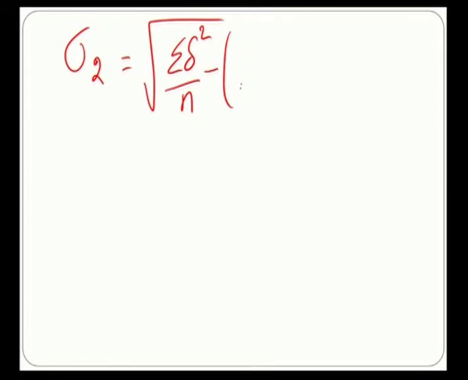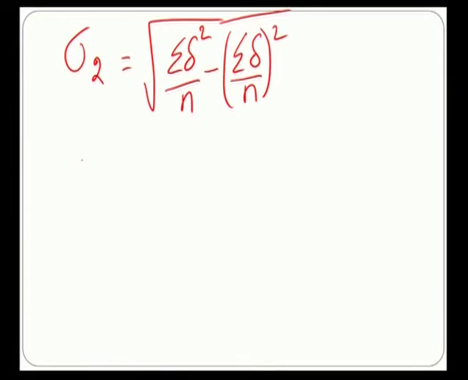Standard deviation for batsman B, sigma 2 is equal to square root of summation of the delta square over n minus summation of delta over n the whole square. This is the formula to calculate standard deviation for batsman B. Now, arithmetic mean we are in need.